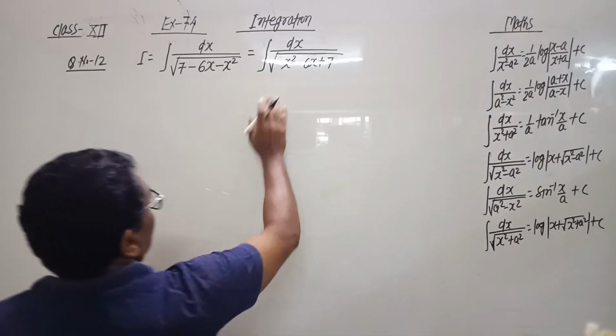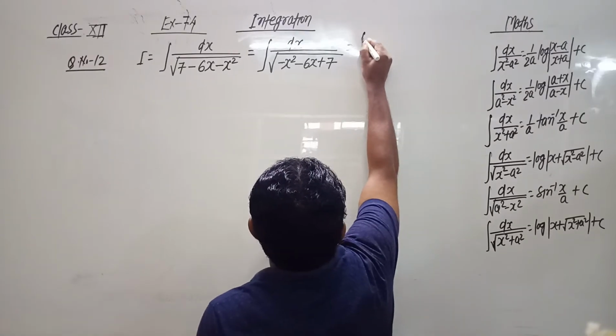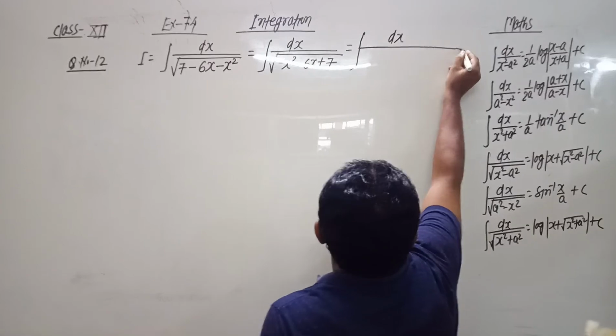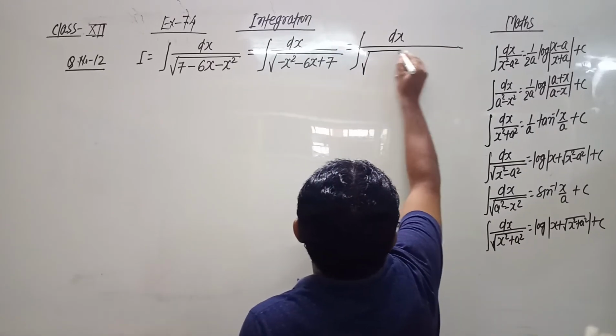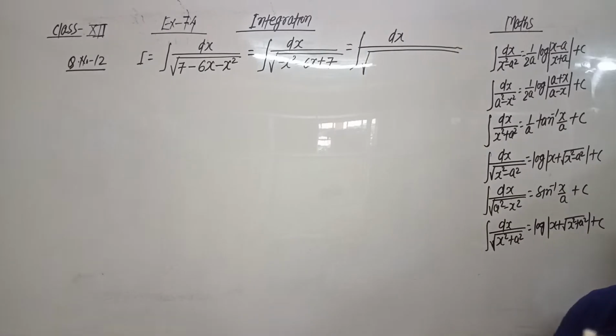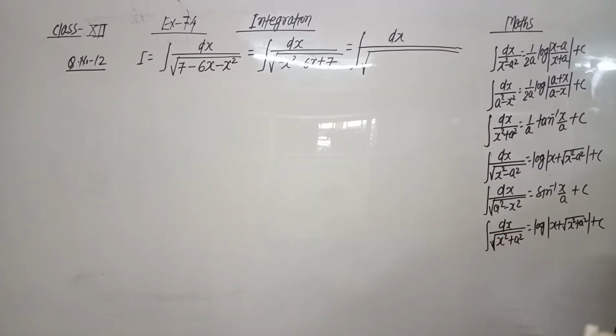For making it positive, we write integration dx upon under root of, and since the term containing x square is negative, we take minus as common inside the square root.